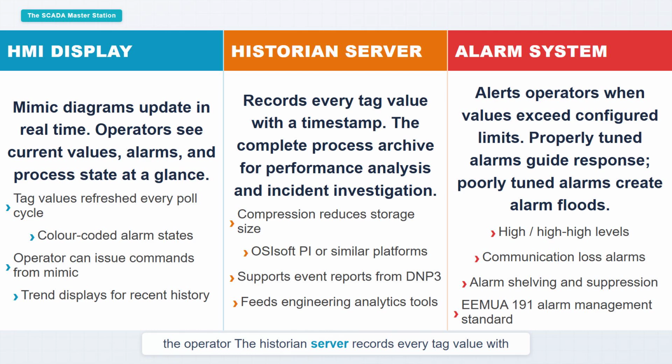The historian server records every tag value with a timestamp, creating an archive that engineers use to analyze performance and diagnose faults. Some SCADA systems include advanced control functions like set point optimization or automatic load balancing, but the primary role of the master is supervisory, presenting information and accepting operator commands.